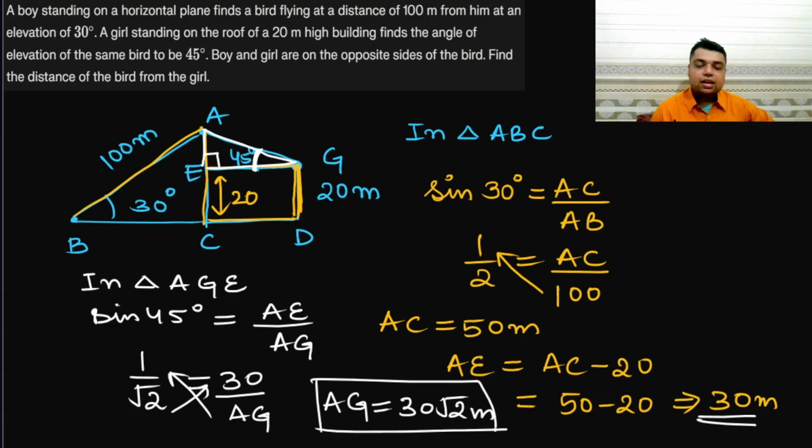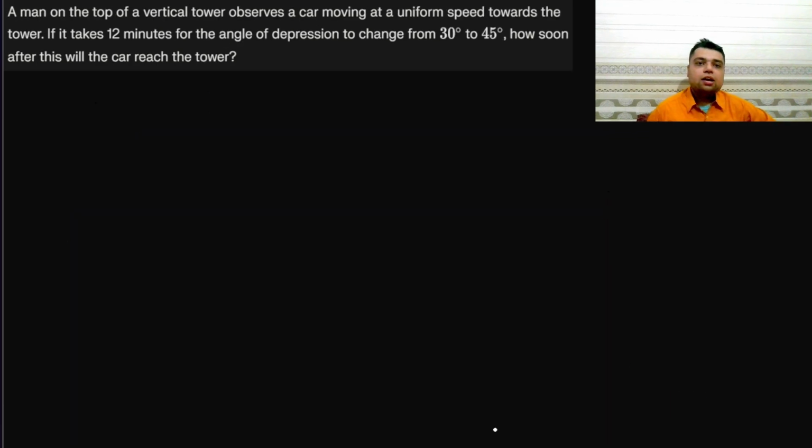Okay. Now let's see the next question. A man on top of a vertical tower observes a car moving at a uniform speed towards the tower. If it takes 12 minutes for the angle of depression to change from 30 to 45, how soon after this will the car reach the tower?